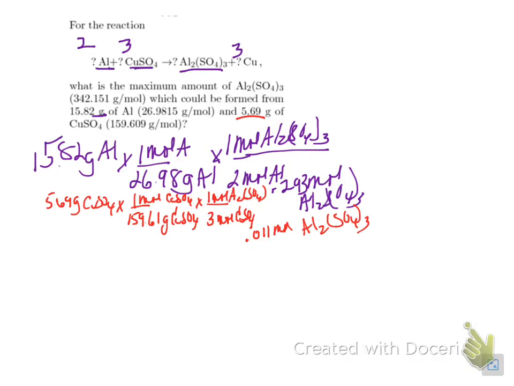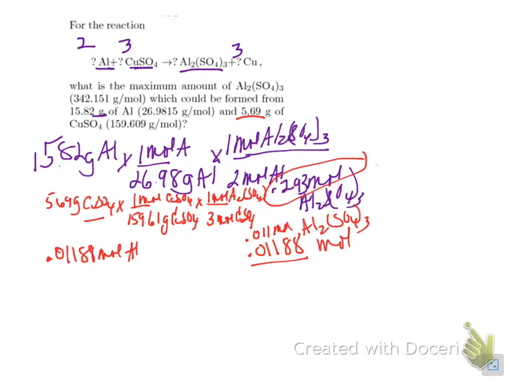Okay, so if I look at this, the aluminum allows me to make 0.293 moles, and this should be 0.01188, I'm going to carry some extra sig figs, moles of aluminum sulfate I can make from copper sulfate. So because this is less, this is what I'm going to make. So I'm just going to take that 0.01188 moles of aluminum sulfate.